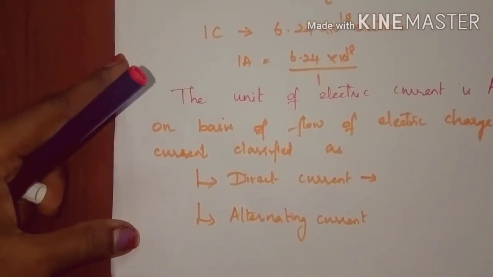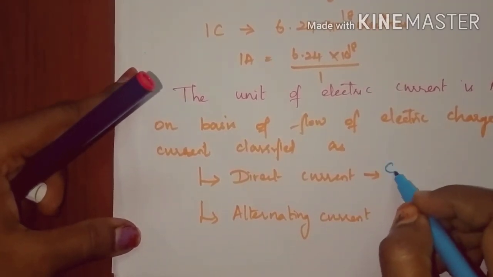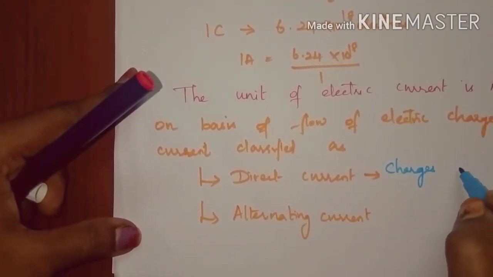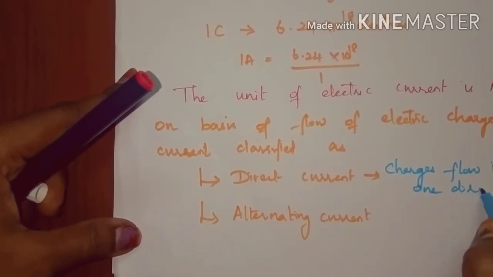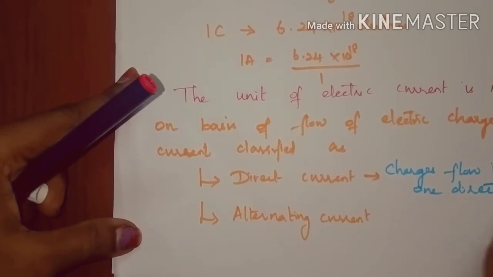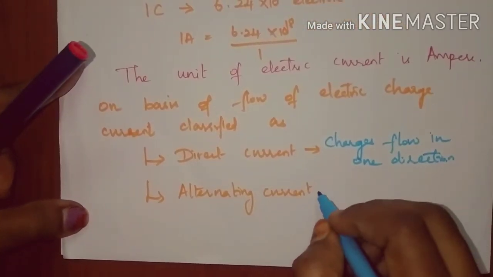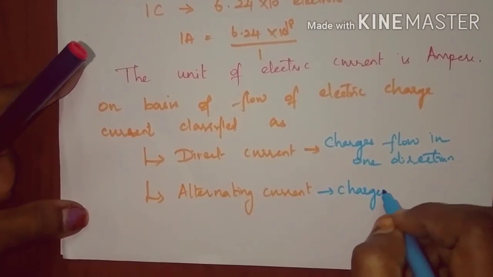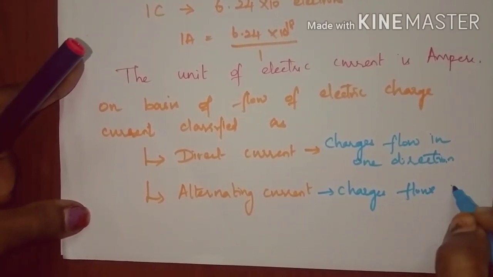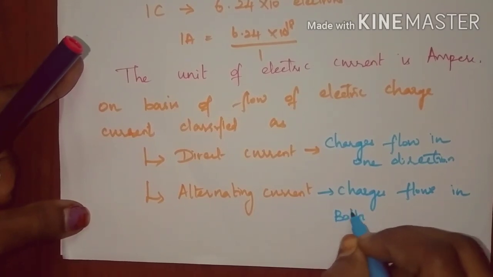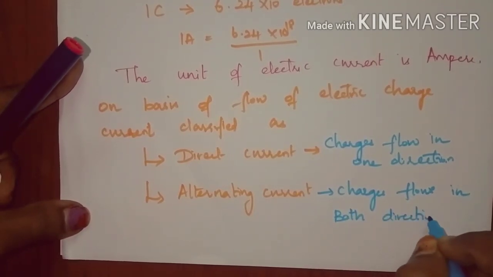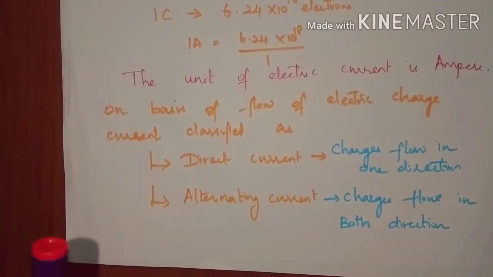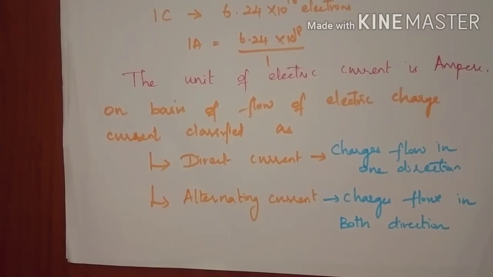In direct current, charges flow in one direction, whereas in alternating current, charges flow in both directions. So this is a basic definition of current. This current is due to the movement of charges. Mostly, current is produced by the movement of electrons.